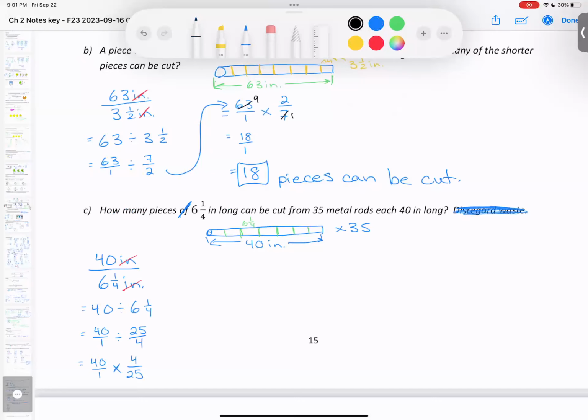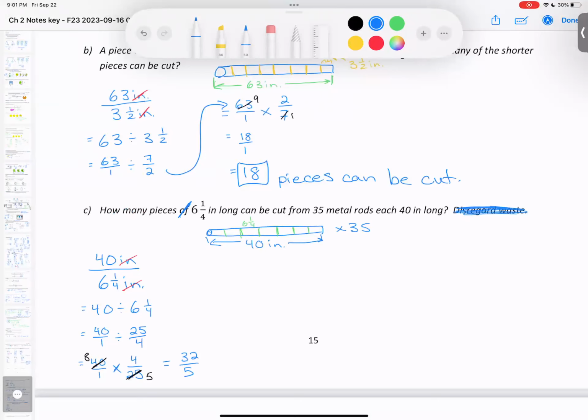And what about cross simplification here? Well, I notice the 40 and the 25 are both divisible by 5. So I can cancel that out for an 8 and this bottom to get a 5. And that is going to give me what? 8 times 4 is 32 over 5. So that's an improper fraction. It represents more than 1.